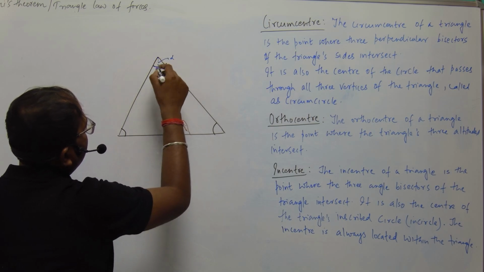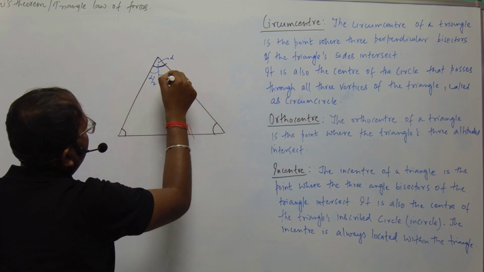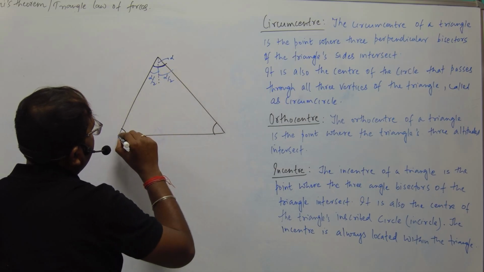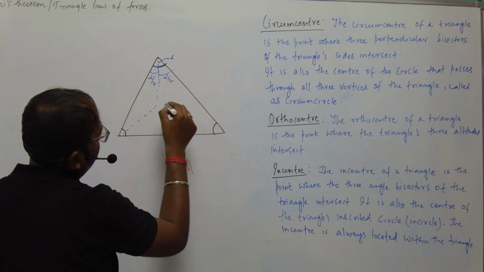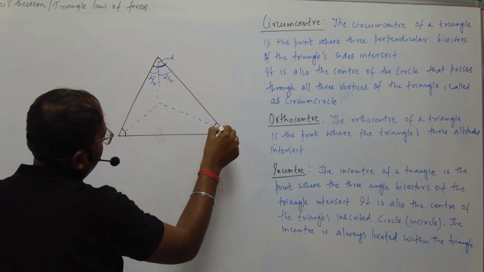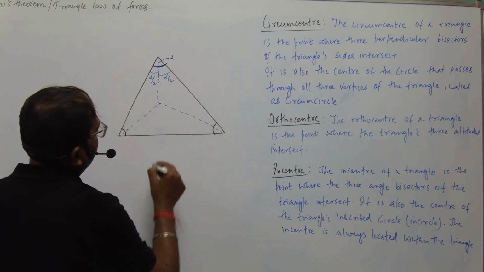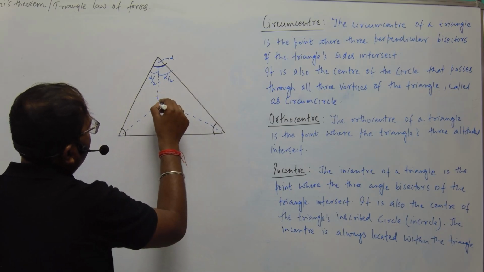On bisecting, this will be alpha by 2 and this is alpha by 2. Let us extend the angle bisectors.